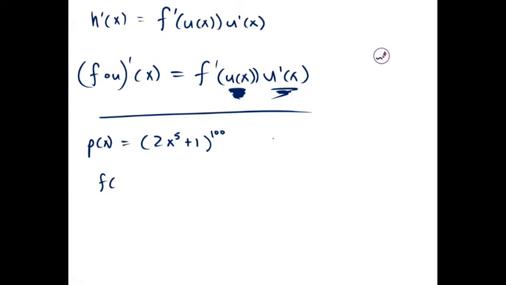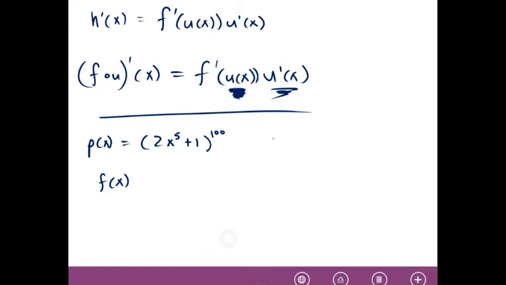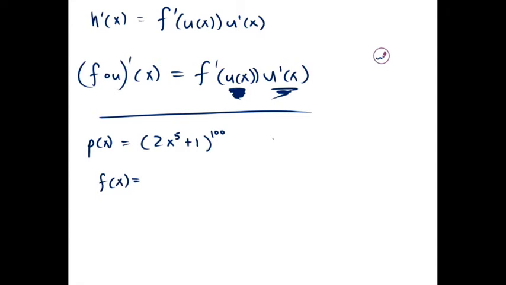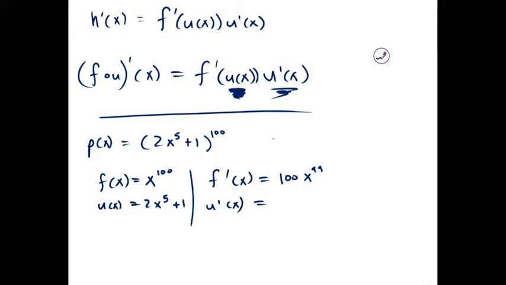If we write this in terms of our chain rule, f of x is the outer function, which is x to the 100th power, and our inner function is u of x, which is 2x to the fifth plus 1. We take the derivatives of both of these: f prime of x equals 100x to the 99th, and u prime of x equals 10x to the fourth.